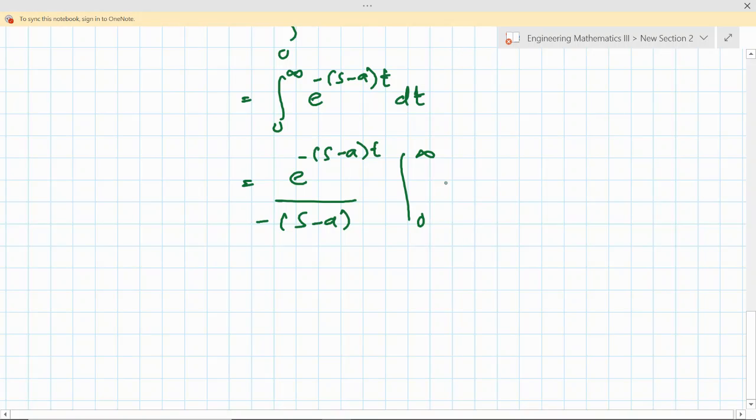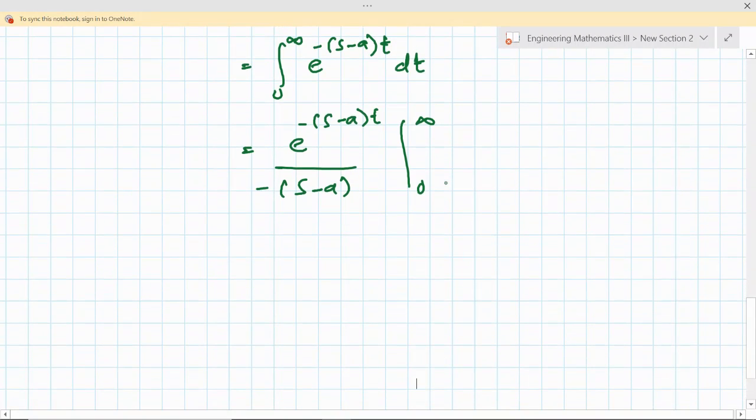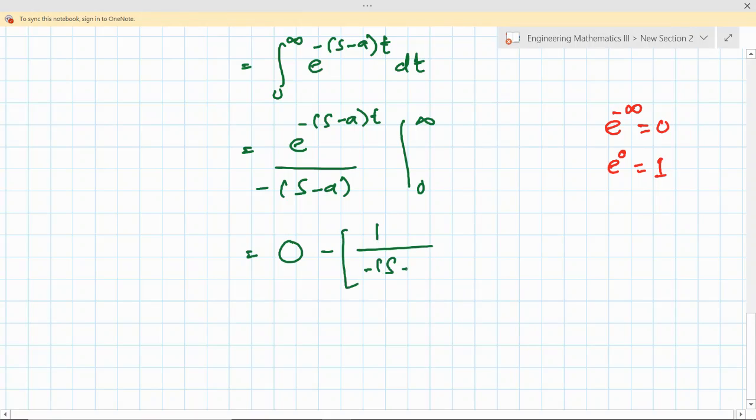Now apply the limits, using the same values that we used in the previous result. e raised to minus infinity is 0, e raised to 0 is 1. Applying the upper limit, I have 0, minus, for the lower limit, 1 upon minus s minus a. Minus minus becomes plus, so this is 1 upon s minus a, where s is greater than 0.